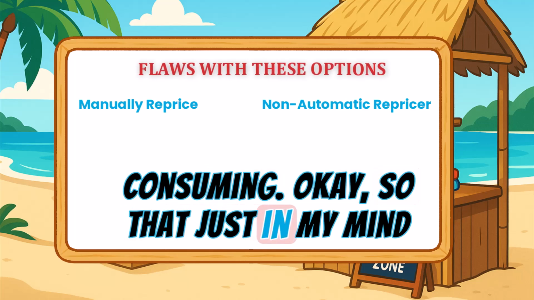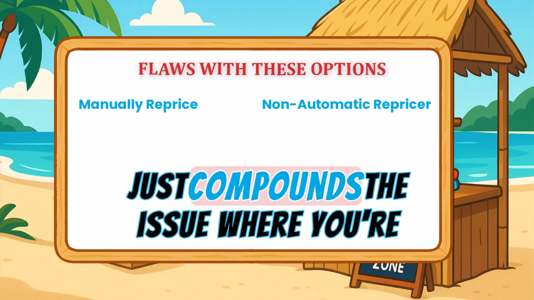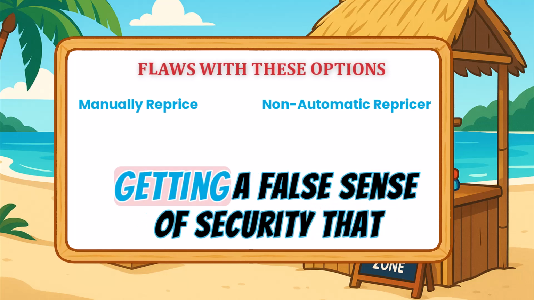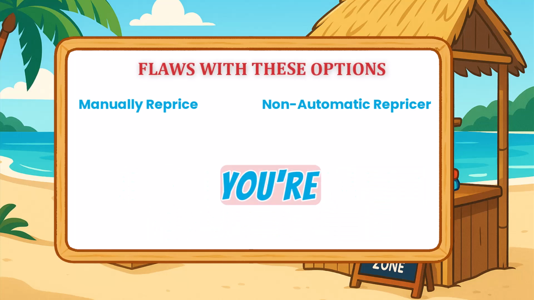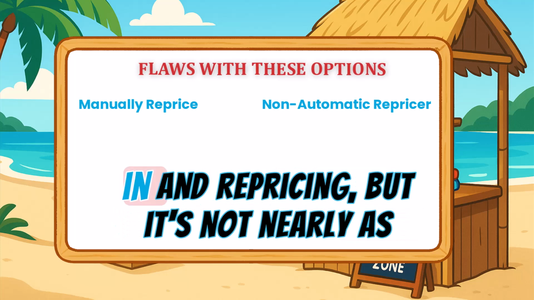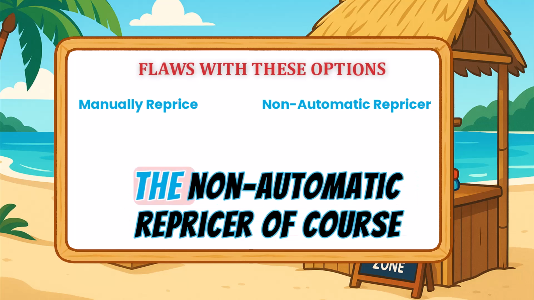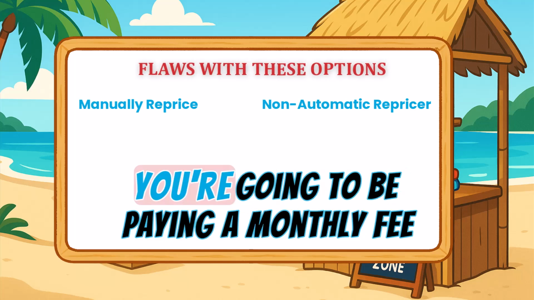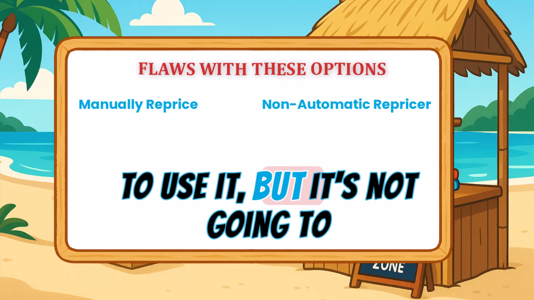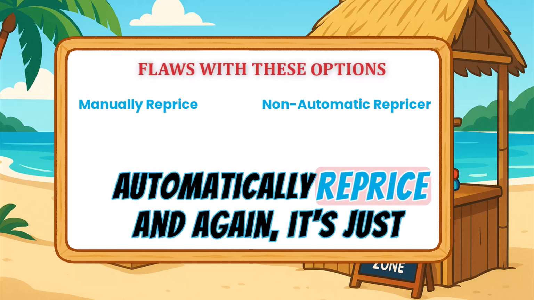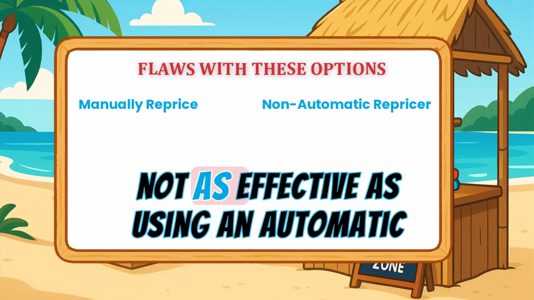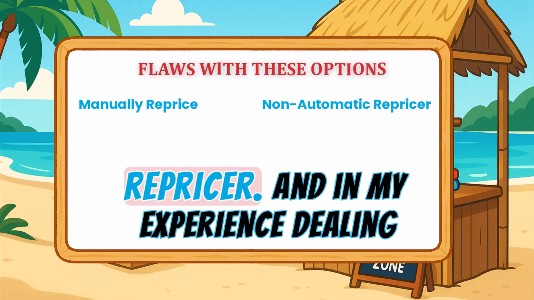In my mind, that compounds the issue, where you're getting a false sense of security that you're doing some good because you're going in and repricing, but it's not nearly as effective as using an automatic repricer. With the non-automatic repricer, of course, you're going to be paying a monthly fee to use it, but it's not going to automatically reprice. And again, it's just not as effective as using an automatic repricer.